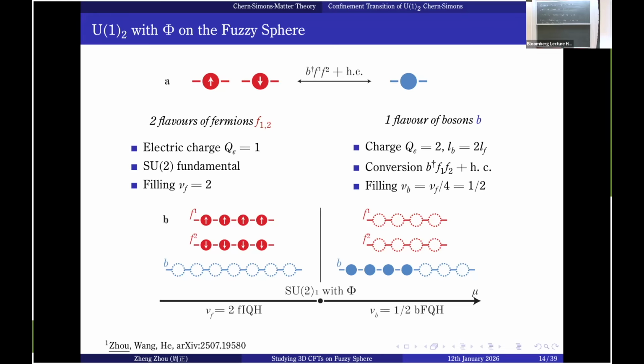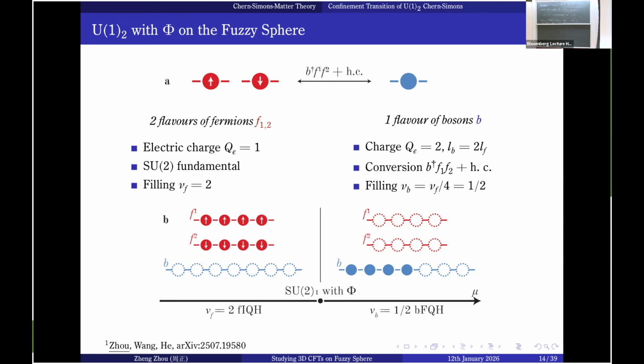We set its electric charge to be twice that of the fermions, so that the lowest Landau level of the bosons has twice as many orbitals as the fermions. We allow a conversion between 1 boson and two fermions, such that the electric charge is conserved.